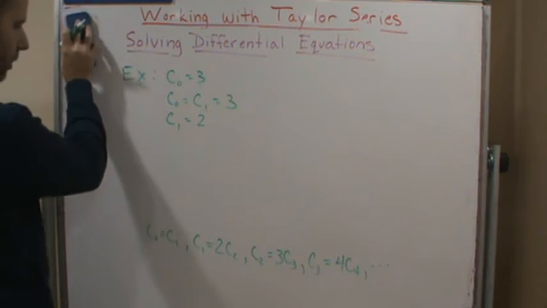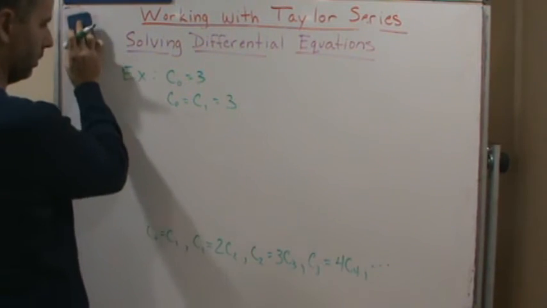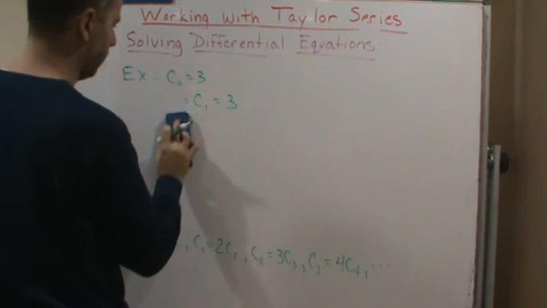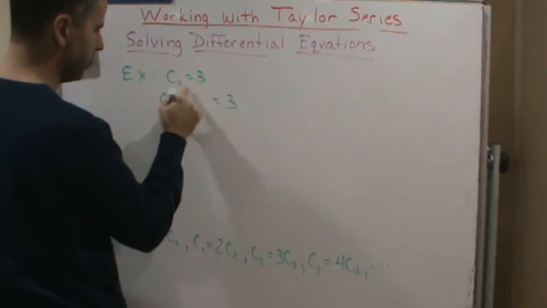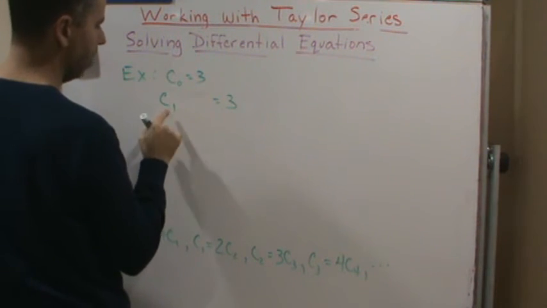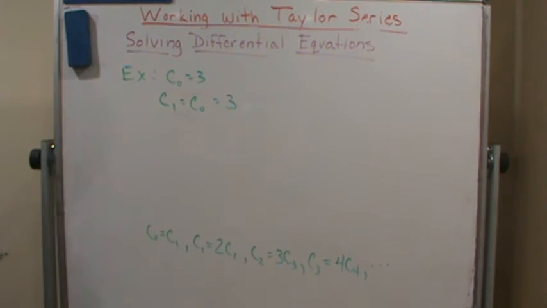Or no, I'm sorry, let me do it the other way. That's what I want to do. So c sub 0 equals c sub 1 equals 3. Okay, that's what I want.